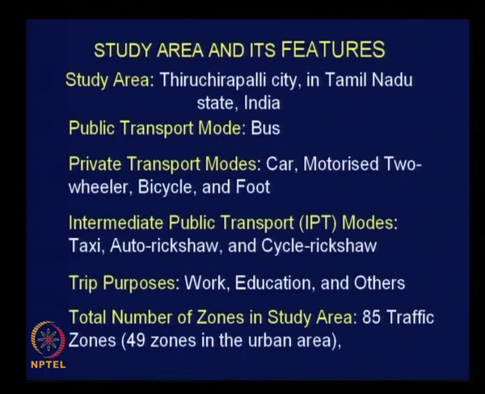If you look at this number in comparison with the division of urban areas into traffic zones for studies internationally, this is a very small number. Ideally, the number of traffic zones should have been a minimum of 200, that is the international standard.